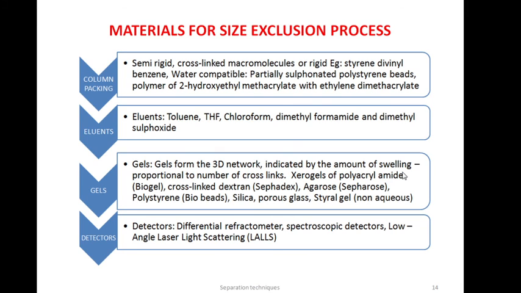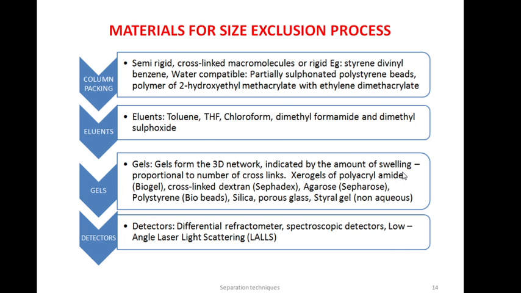Similarly, more the swelling of the gel, that is, more the hydration capacity of the gel, is indicated by more swelling. More the swelling, you can easily tell that there is more three-dimensional networking, which means lots of branching is there.